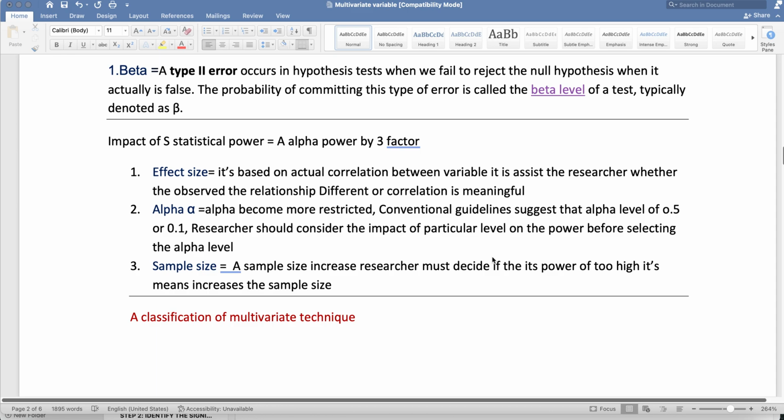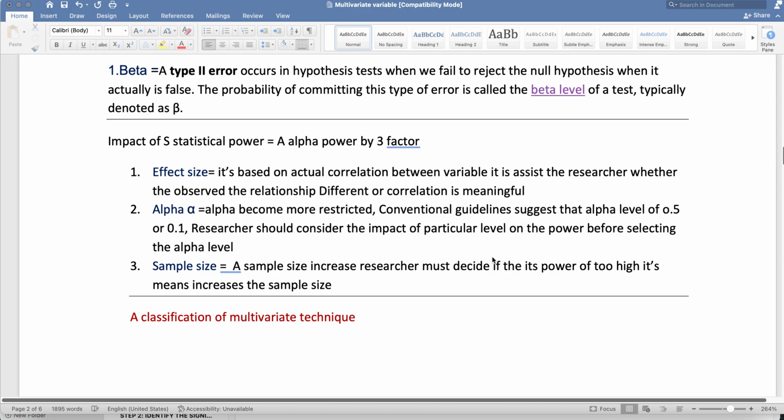Impact on statistical power: power is affected by three factors. Number one, effect size. Number two, alpha. And third, sample size. The effect size is based on the actual correlation between variables. It assists the researcher in deciding whether the observed relationship, difference, or correlation is meaningful. Alpha becomes more restricted.